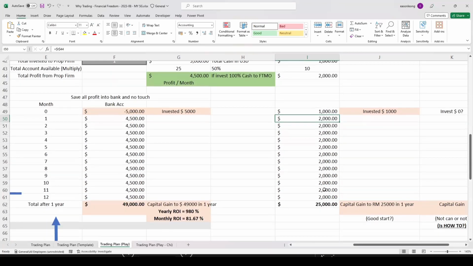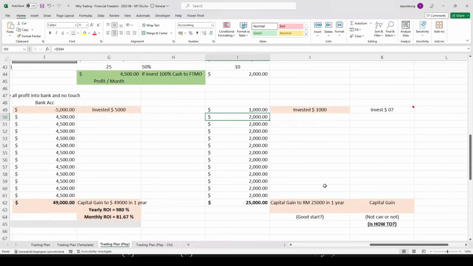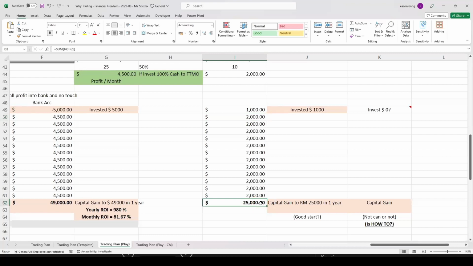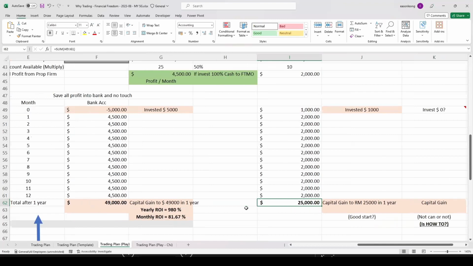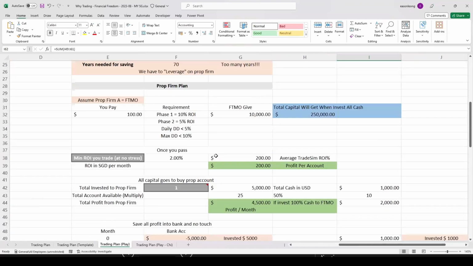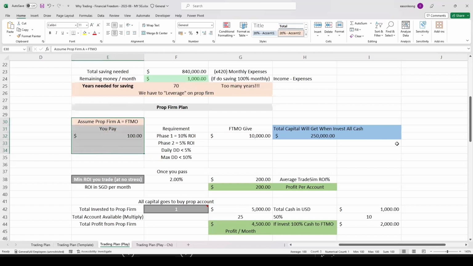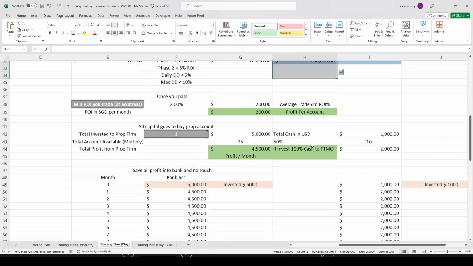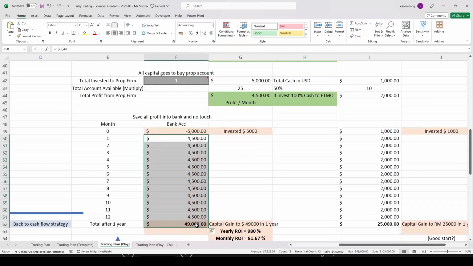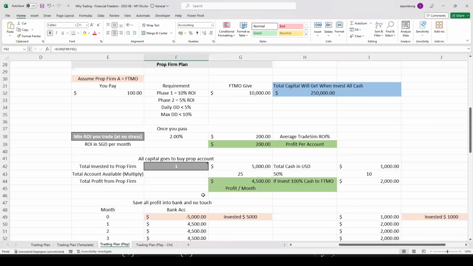Okay, then I got 25,000, so 25,000 over a year. After that, I scale further. I give profit, more deposit, I get even larger capital, I scale even further to here. 49,000. What I should do? With 49,000, I pump it even bigger to FTMO and scale even further.